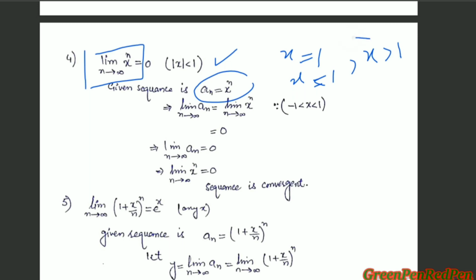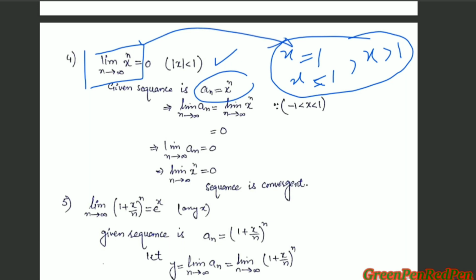With these three cases, the sequence tends to undefined, but in our case we have mentioned this condition. According to this condition we get 0, so the sequence is convergent.